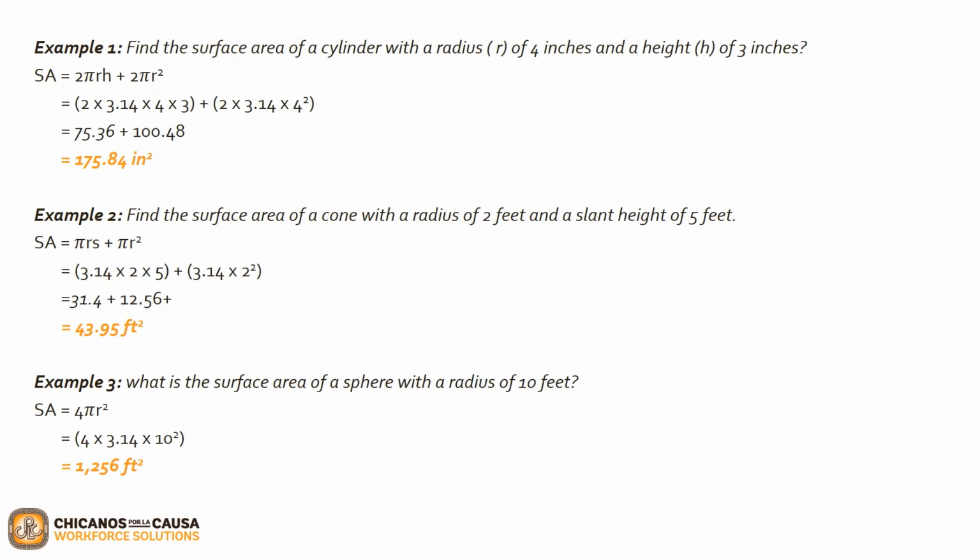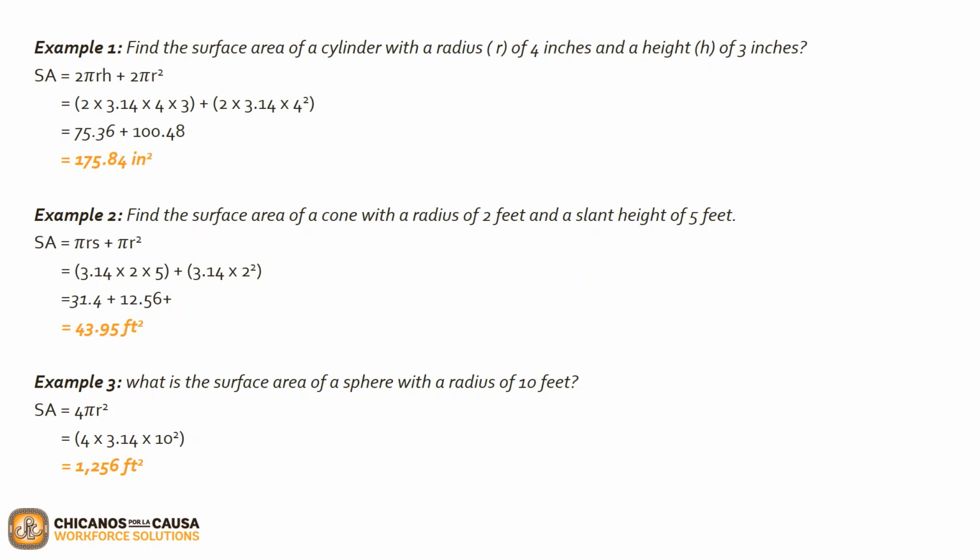So example 2 is asking us to find the surface area of a cone with a radius of 2 feet and a slant height of 5 feet. So first off, let's start with our formula. So the formula for the surface area is pi times radius times the slant height plus pi times radius squared. So now let's go ahead and replace all of our variables with values given.